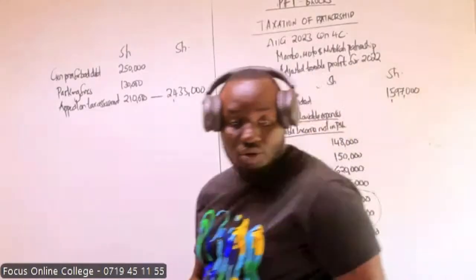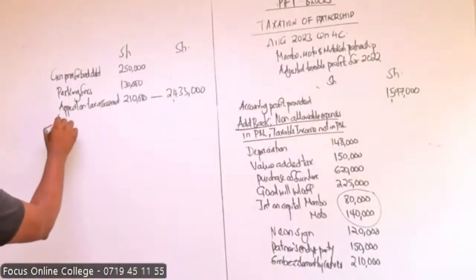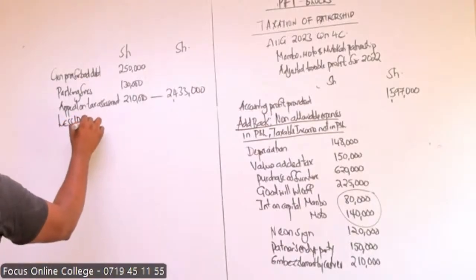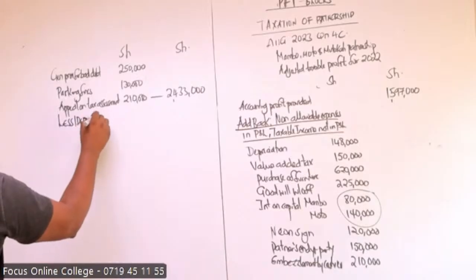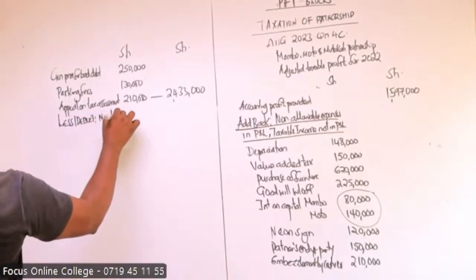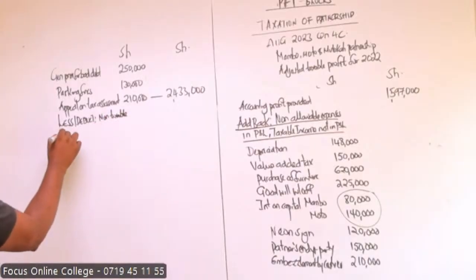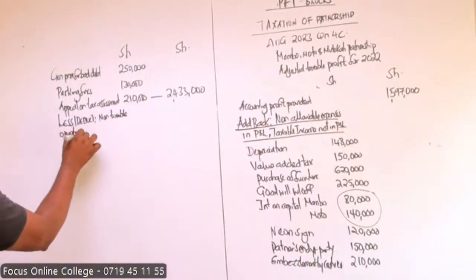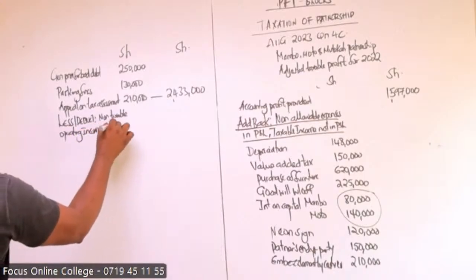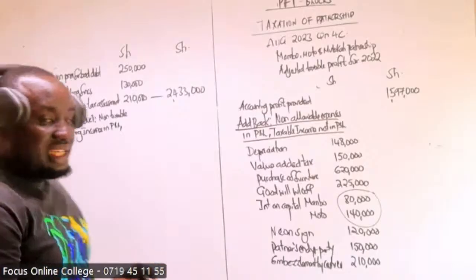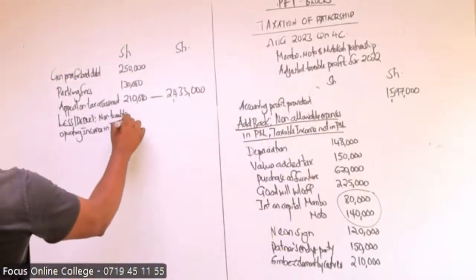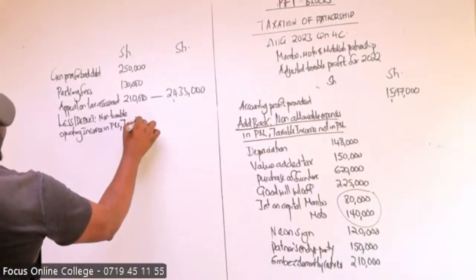We move to less, what you call deduct. Deduct the non-taxable operating income. If you say in the P&L, non-taxable operating income in the P&L, we have investment income.